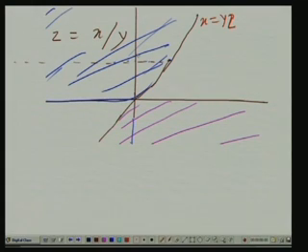And once that is done, then I will move y from 0 to infinity. So, this line will be sliding from this axis upwards like this, up to this and going further up. That is one part.